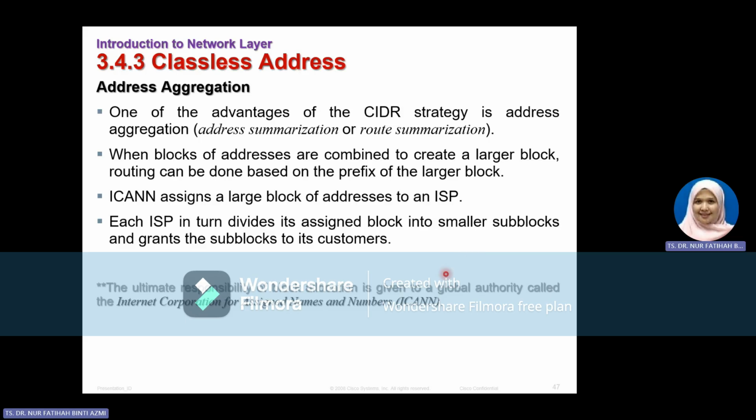Routers on the internet don't need to keep track of every single small network. They can just have one entry for the aggregated block. This makes the routing tables much smaller and easier for routers to manage, leading to faster and more efficient routing. With fewer entries to check, routers can make decisions about where to send traffic more quickly.